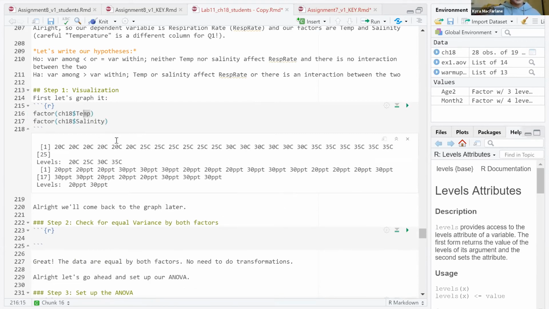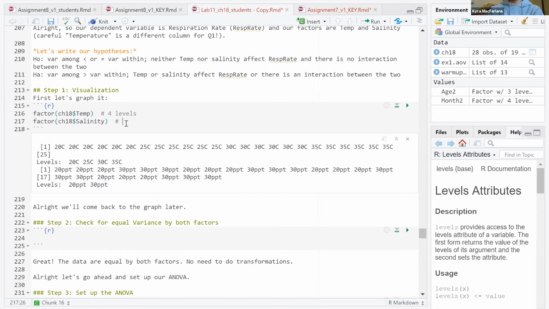Okay, so we see for temp, there are 4 levels, 4 groups, 4 categories, 20C, 25C, 30, and 35. So I'm going to make a little note. There are 4 levels. For salinity, we have 20 parts per thousand and 30 parts per thousand.